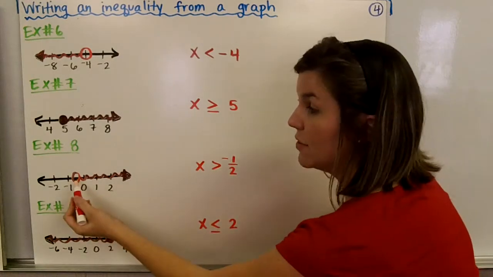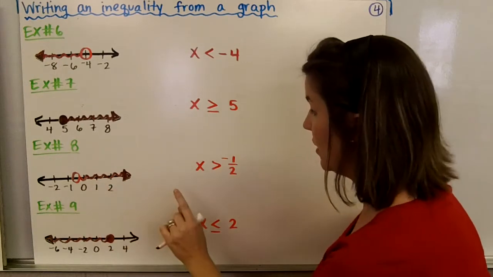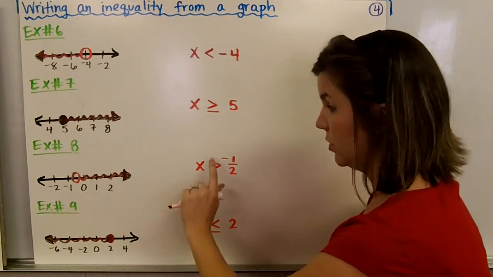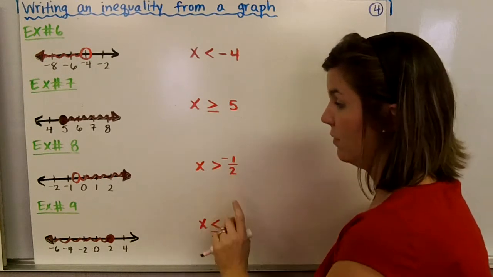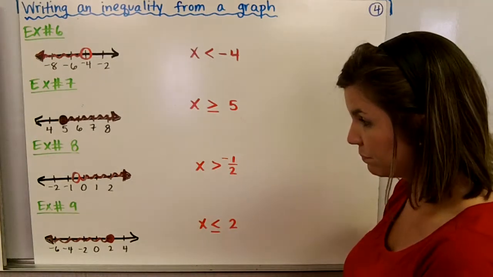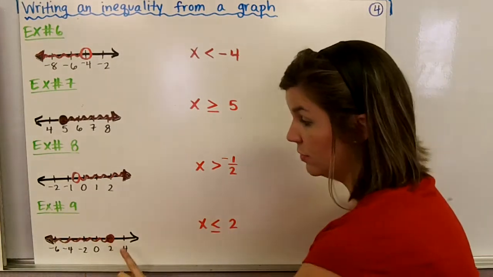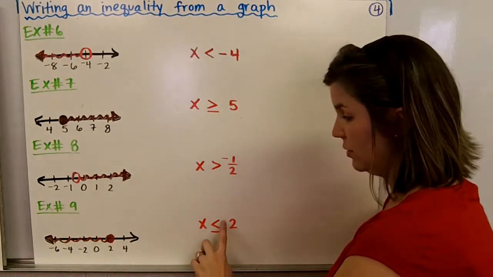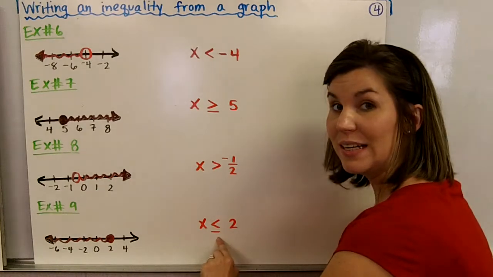So I have shaded everything greater than -1/2. So I have a greater than symbol and -1/2 with an open circle, so no equal to bar there. Example number 9. 2 has a closed circle, and everything less than 2, so less than 2, and a closed circle means I need an equal to bar.